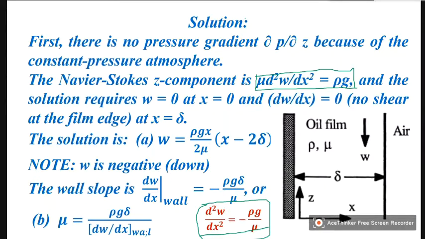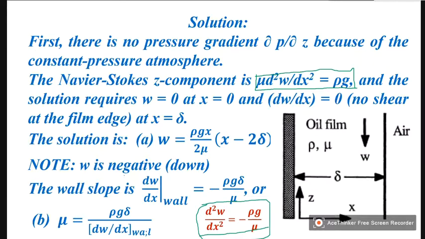So therefore, when we substitute the expression rho g here, it will become a minus. Both will be on the right hand side, left hand side 0. So in this case, we'll write minus rho g plus mu d square w by dx square is equal to 0. That is what we write.